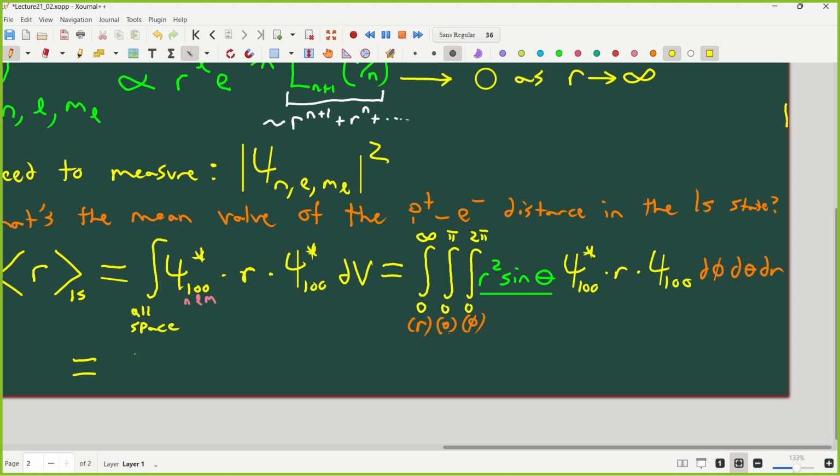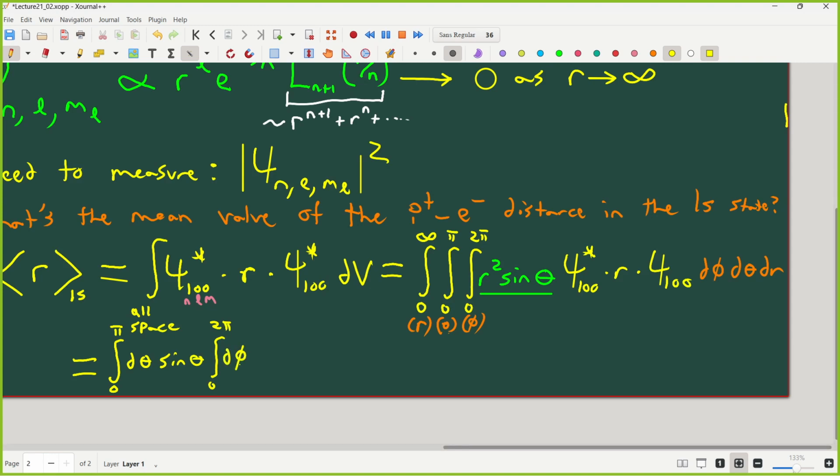So what we're going to have is something that looks like, let's do the d theta first. An integral from 0 to pi of sine theta d theta, so we have an integral of sine theta to do. We have an integral from 0 to 2 pi of d phi.